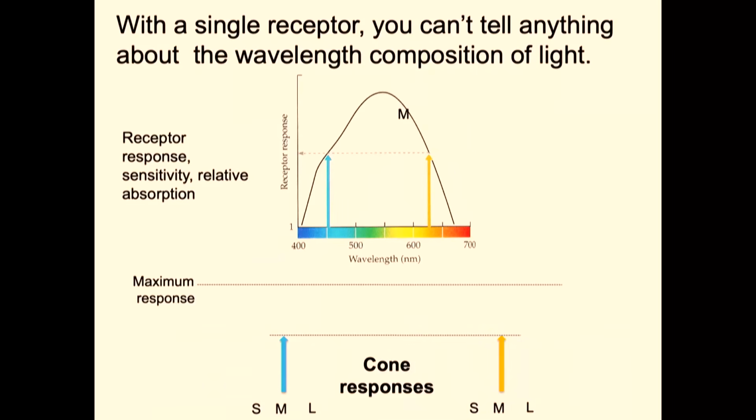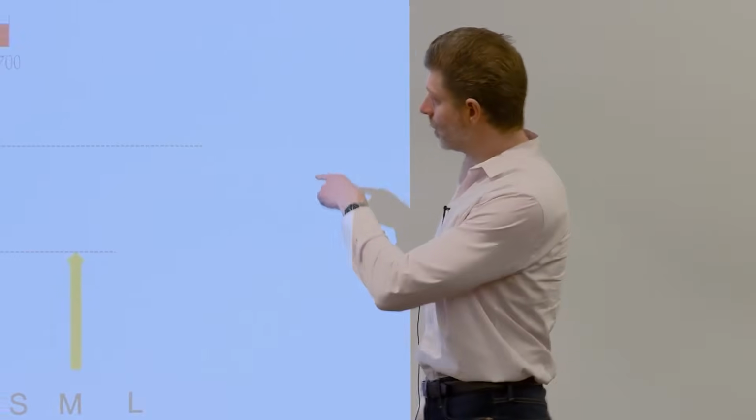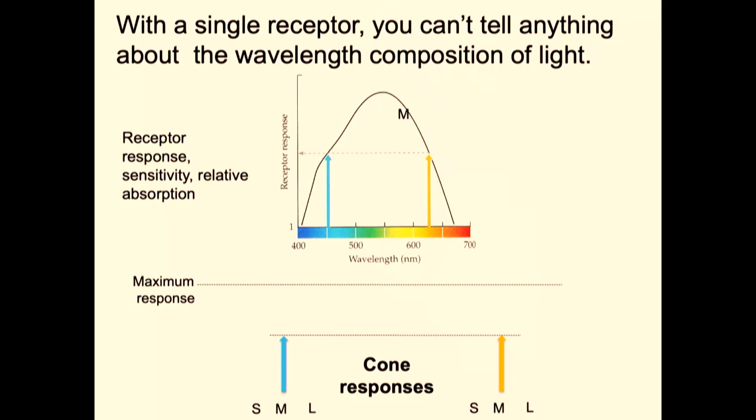Okay, so the key idea here is you're critically dependent on the fact that you've got these three cones. If you just have a single receptor, you can't tell anything about the wavelength composition of light. Here's an example where we just look at the responses of the M cones to two individual wavelengths.